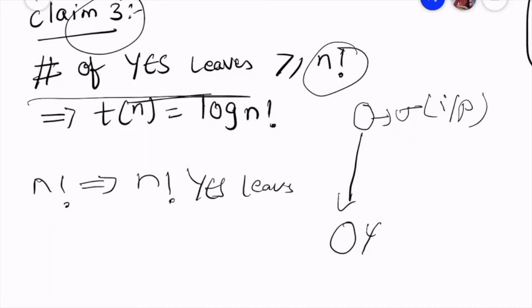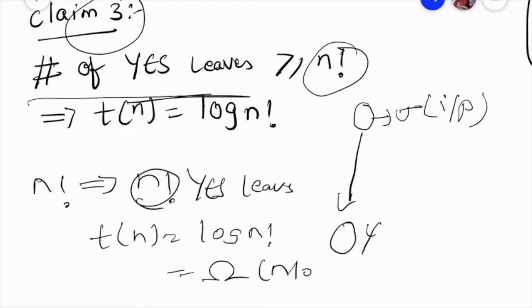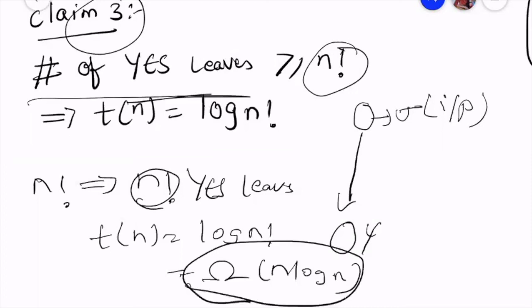As we know, if the possible answer has at least n factorial leaves, then the time complexity will be log n factorial, which is equal to omega of n log n. In this manner, we have proved the lower bound for the element distinctness problem.